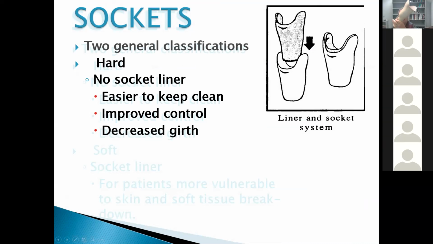This here is probably an example of a socket with no liner, because the socket is very small, and this doesn't look like it would accommodate anything more than just the residual limb itself.